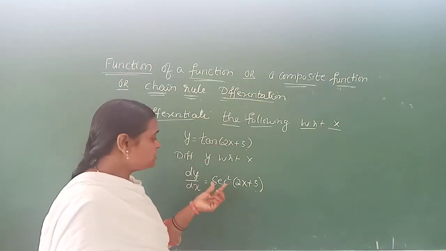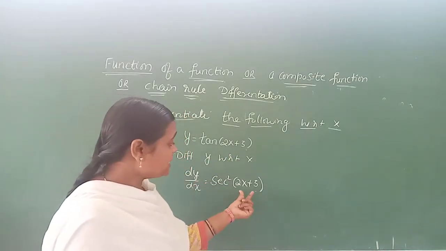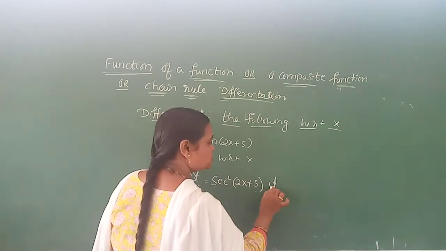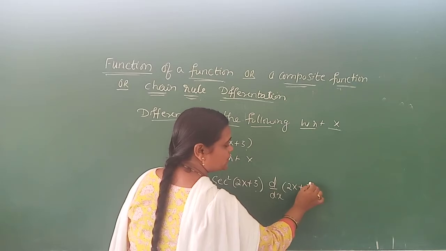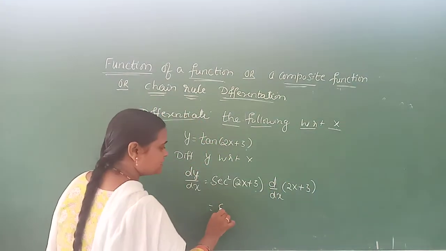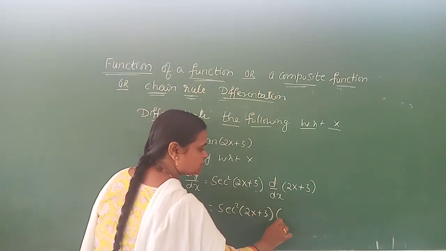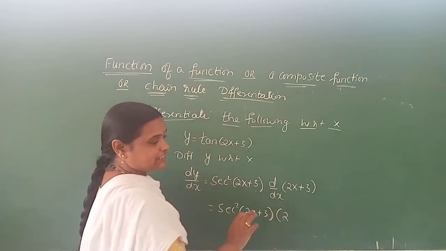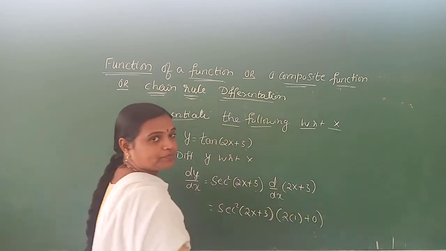Tan differential is secant square, angle right as it is. But this angle is also a function of x. Therefore, we are doing the differentiation of angle, that is 2x plus 3. Then we can write this one as secant square 2x plus 3 into differentiation of 2x plus 3. X differential is 1. Constant differential is 0.